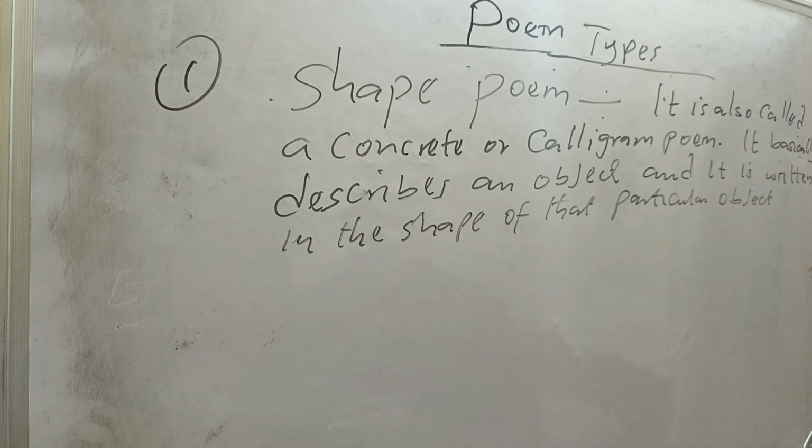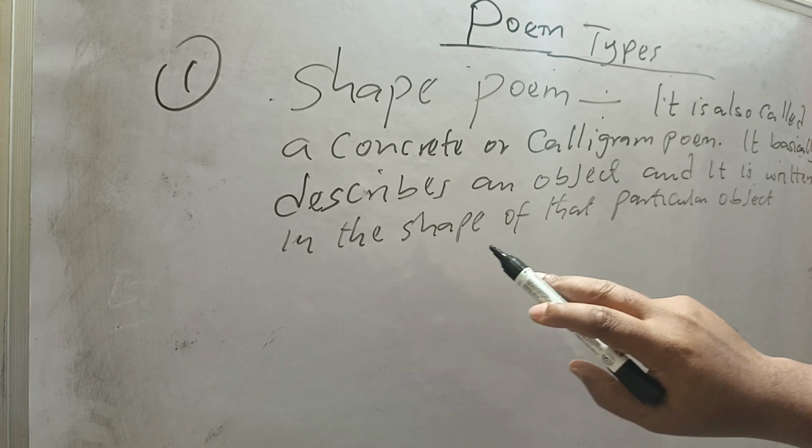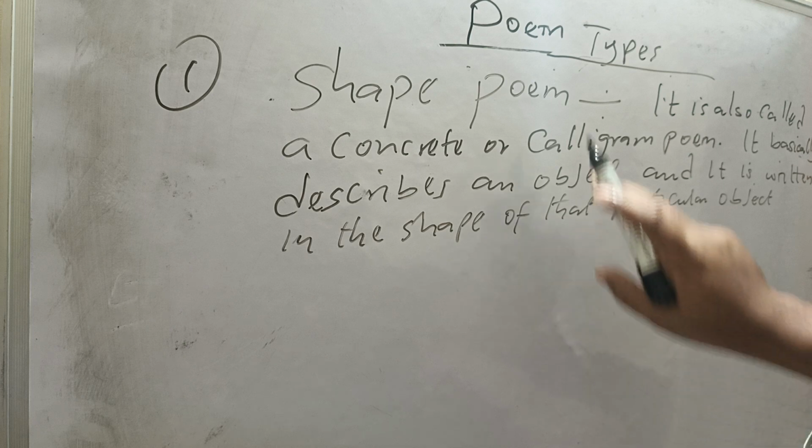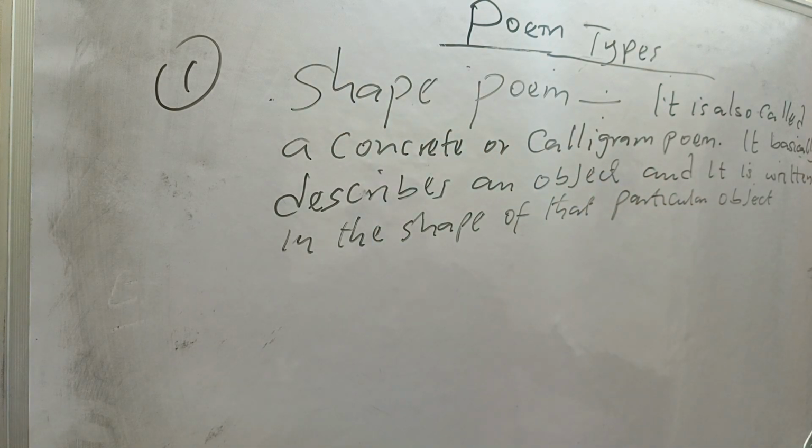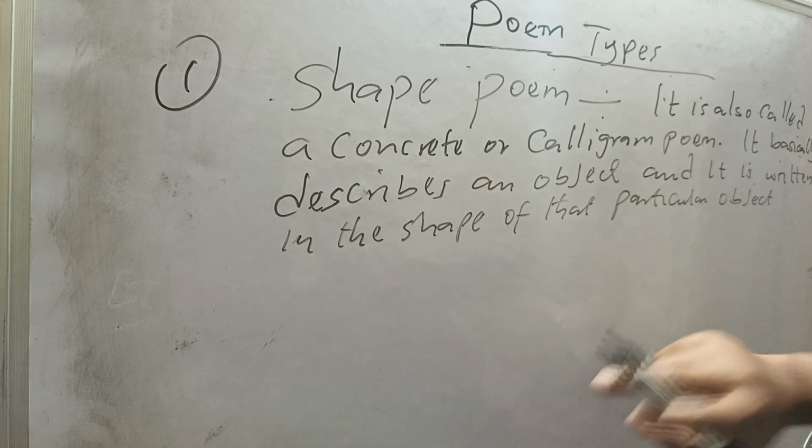For example, if you are given a title such as a tree for your poem, you have to write it to take the shape of the tree.